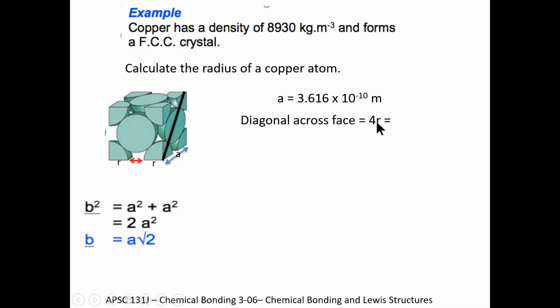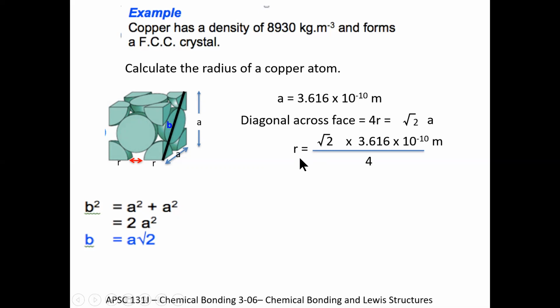So the diagonal face is 4r, and recall that we did that calculation. We could say the relationship b squared equals a squared plus a squared, equals 2a squared when we add those up. So b is the square root of 2 times a. So we know 4r is equal to the square root of 2 times a.